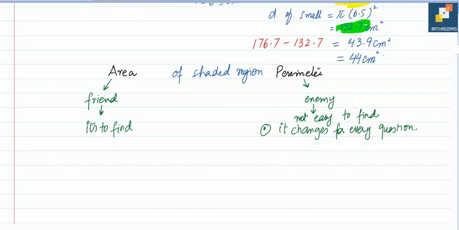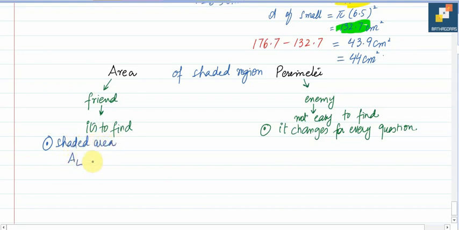Same strategy. Whenever you need to find the shaded area, you need to find the area of the larger one minus the area of the smaller shape. I am saying shape, not specifically circle, square or rectangle, because it varies in every question.